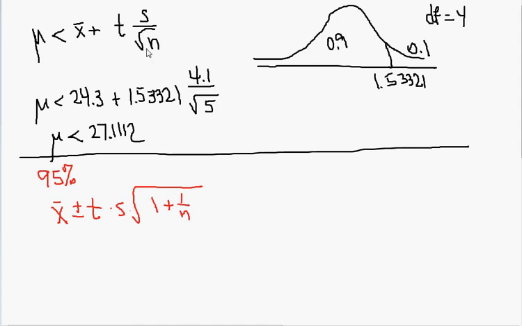So the square root of n part is different. Here I have the square root of 1 plus 1 over n, which is different looking than what we had for the confidence interval. So drawing the picture, here we have a picture that looks like the ones we've had earlier in this video. 0.95 in the middle. I have a t-distribution with 4 degrees of freedom.